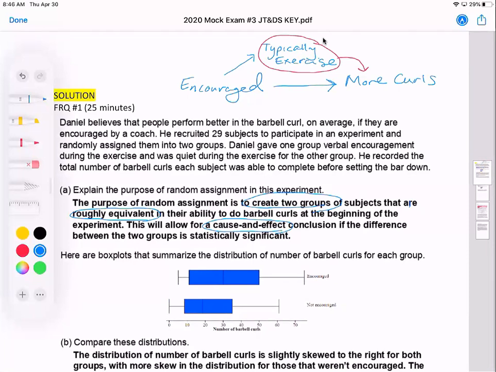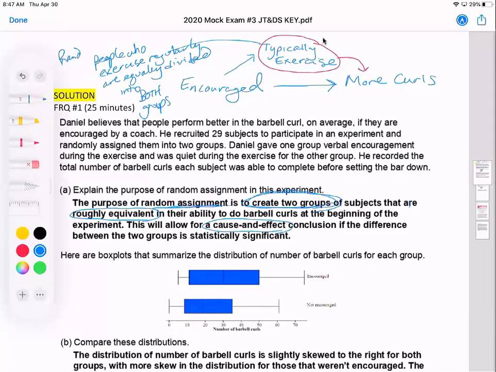The way to address that is to use random assignment, so that people who exercise regularly are equally divided into both groups. That's how random assignment is helping, because it can address this confounding variable.